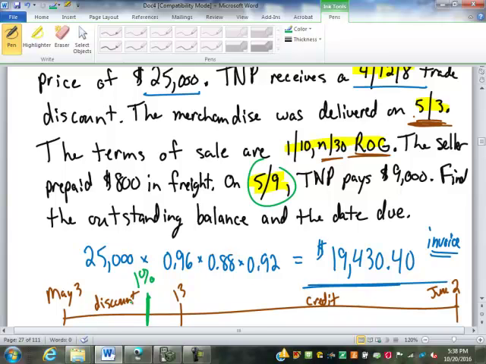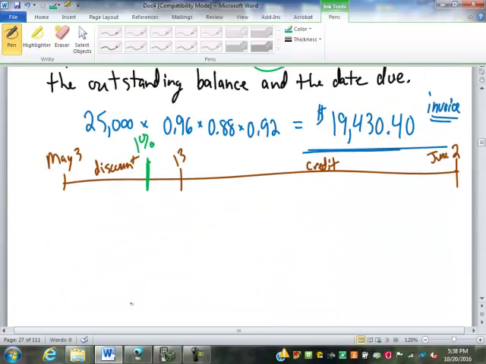First thing that is always paid is freight. There is never a discount on freight. So the first thing that happens to that $9,000 payment is that we must subtract the $800 of freight. The freight is going to get paid.